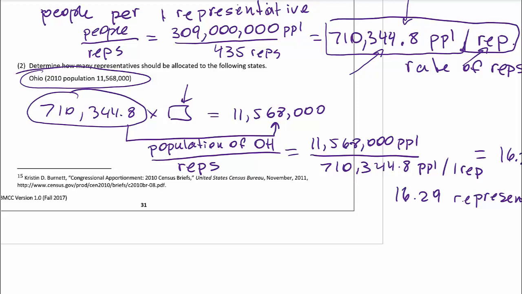If you think about this, 16.29 means that there are enough people in Ohio to fit 16 representatives. And that decimal piece, 0.29, is not enough. It means Ohio has more than what 16 times the representation rate would give you, but those extra people are not enough to make another representative. So in this case, mathematically, it also rounds to 16, using regular rules of rounding.